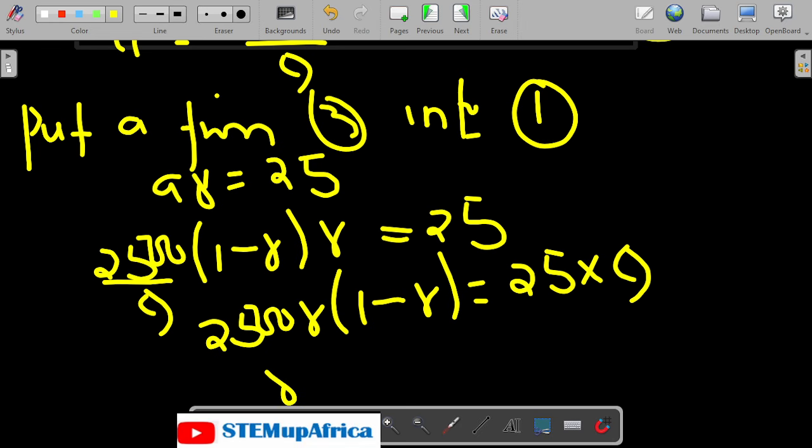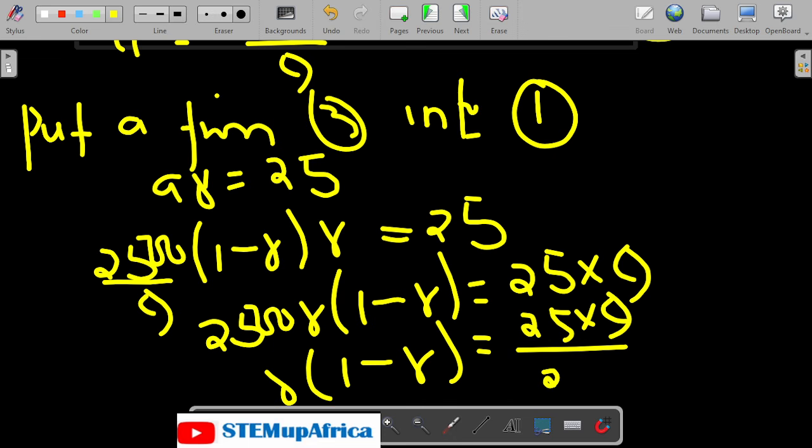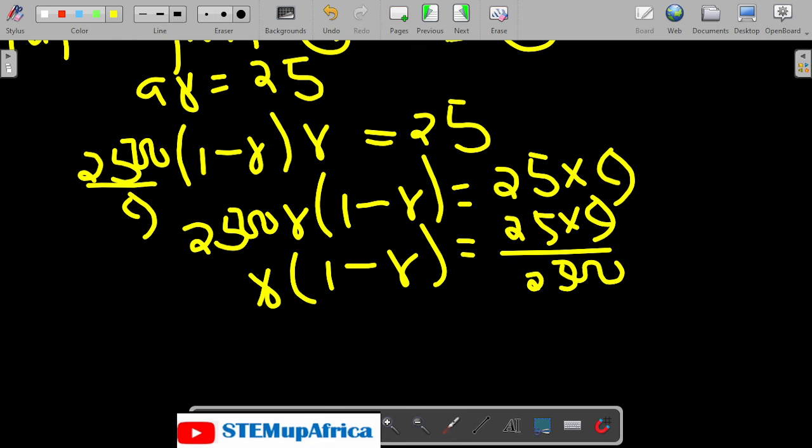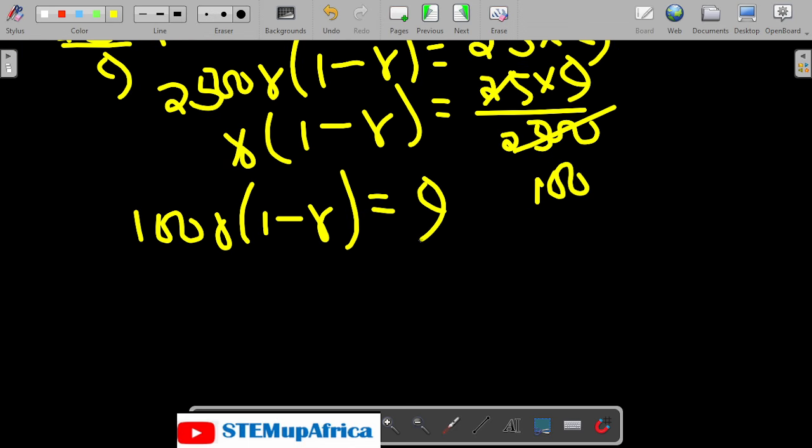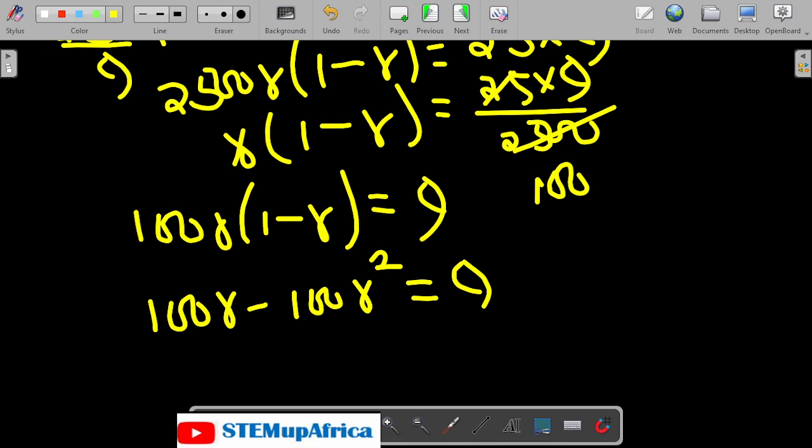So my r into 1 minus r will be 25 times 9 divided by 2500. So 25 here, 25 here will give us 100. So I cross multiply. I'm having 100 r into 1 minus r equal to 9. So let's open the brackets. On the left hand side, it will give me 100 r minus 100 r squared equal to 9.